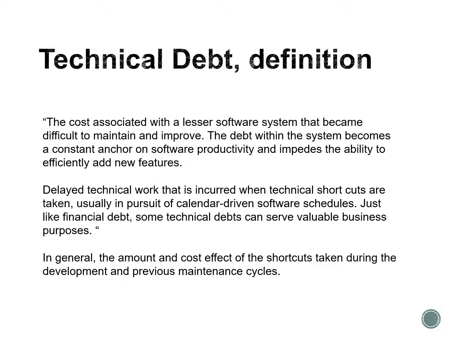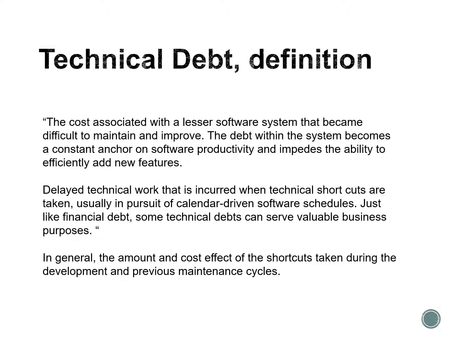So basically, there are a number of definitions here. Of course, these are taken from different textbooks and other presentations. They are unnecessarily complicated in some cases, but basically technical debt is delayed technical work.